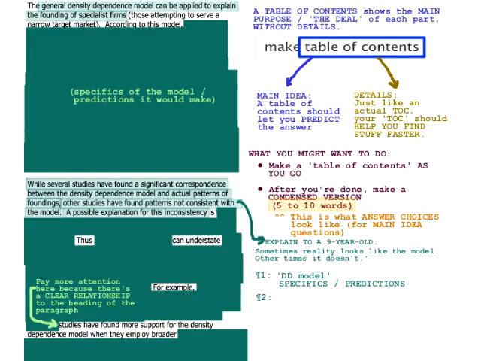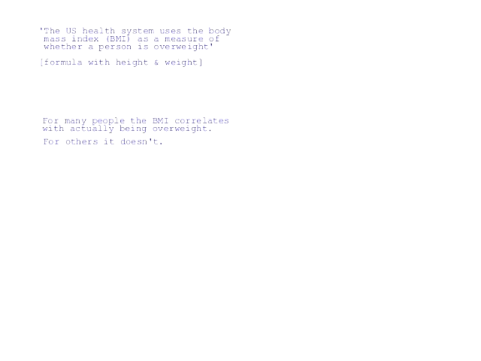For example, if you are a guy who has a lot of muscle mass, then it will say that you are overweight even if you're not. So that content would be in here somewhere, like, according to the BMI, men with lots of muscle will always be overweight, even if they are very, very lean.